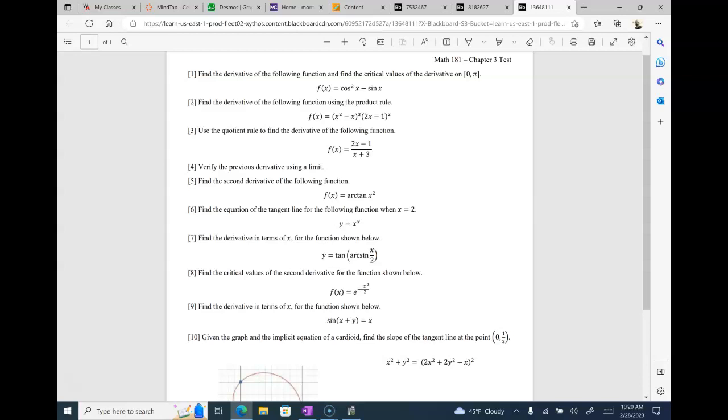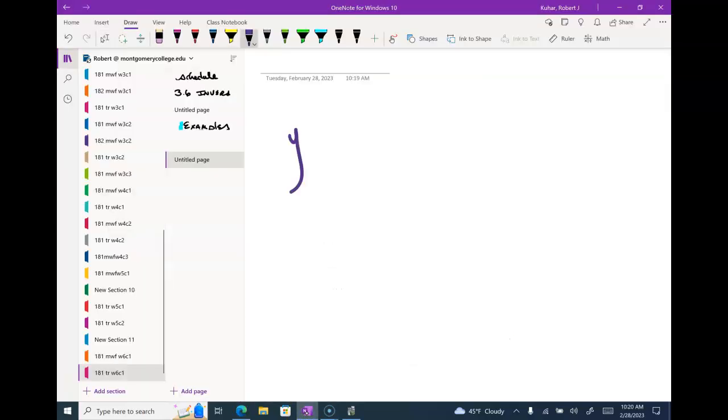Let's do number 7. The tangent of the arcsine of x over 2. We want to find y prime. So y equals the tangent of the arcsine of x over 2. If you remember, we did the derivative of arcsine already today.